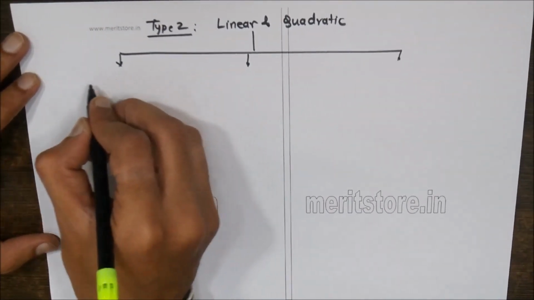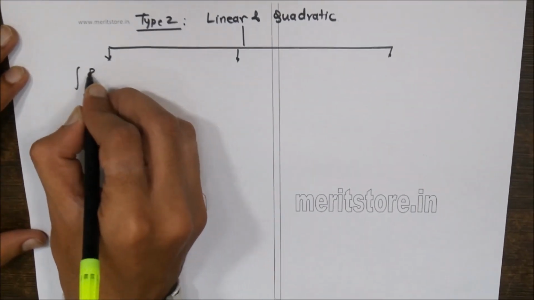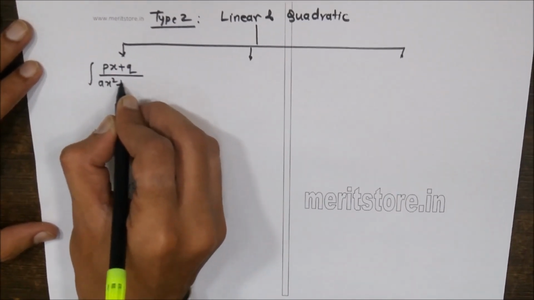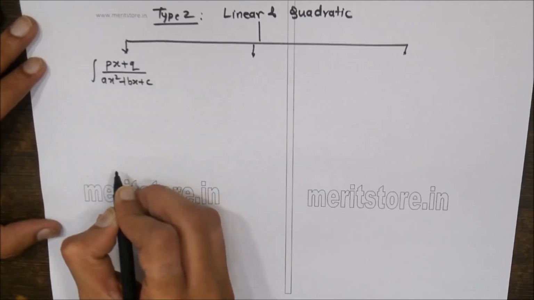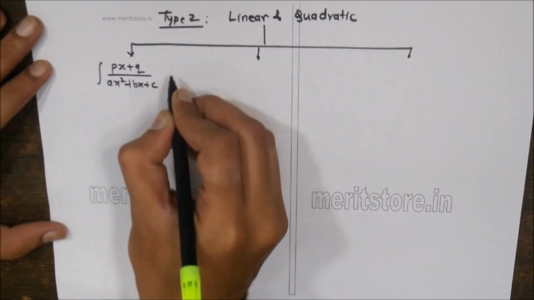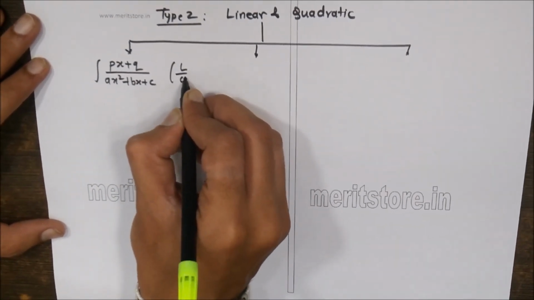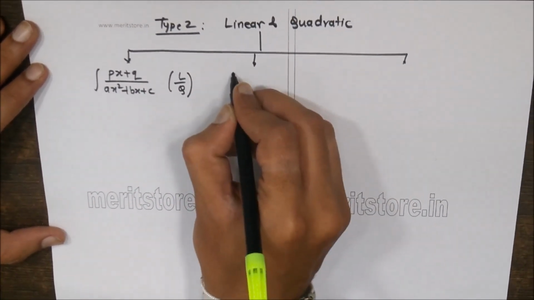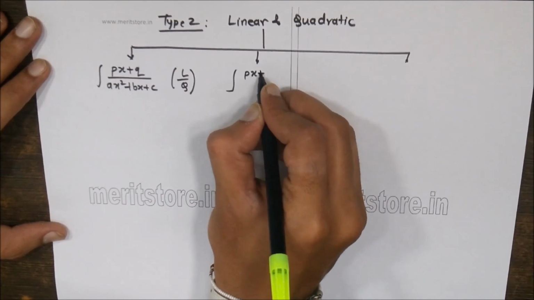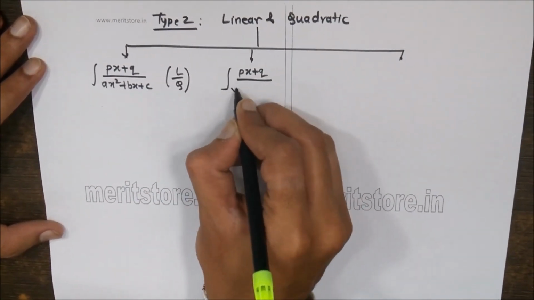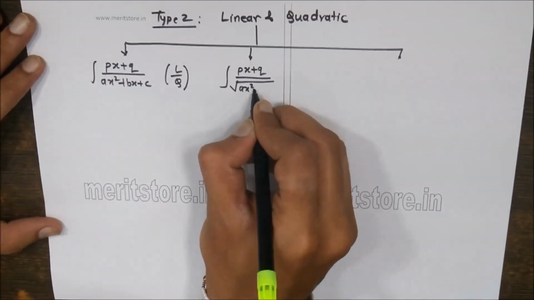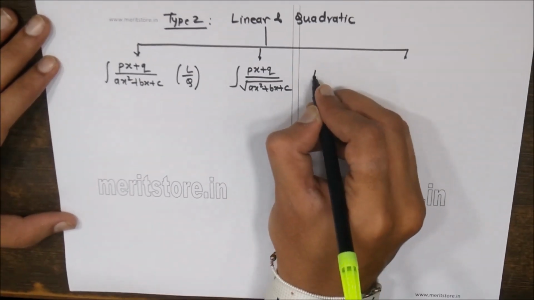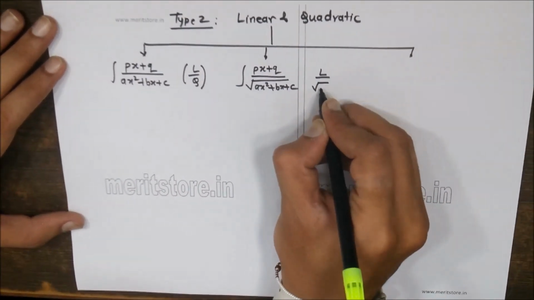First one would be integral of the type px plus q upon ax square plus bx plus c. What we call them in general as linear upon quadratic problems. Second, px plus q upon root of ax square plus bx plus c, which will be of the category linear upon root of quadratic.